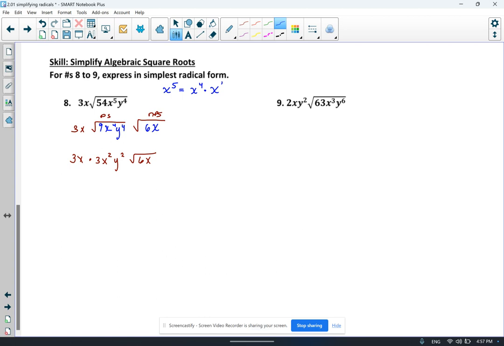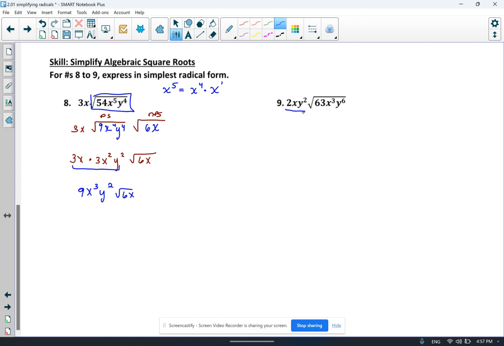The expression on the outside really means 3x times whatever the value is of the square root. So in this case, since I simplified it, I can now multiply this expression. 3 times 3 is 9. X times x squared is x cubed, y squared, and then square root of x. And that's the answer. Okay, now let's go on to number 9.